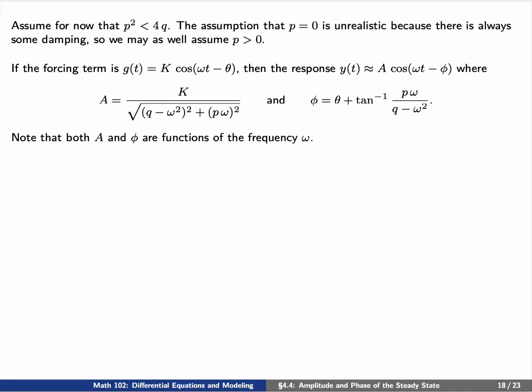Recall that if our forcing term, g of t, is sinusoidal, that is, it's capital K times cosine omega t minus theta, then the response, y of t, is always approximately another periodic function, capital A times cosine omega t minus phi.